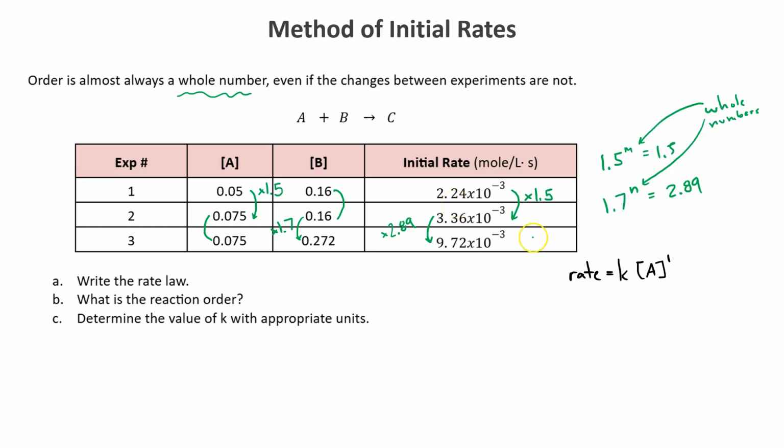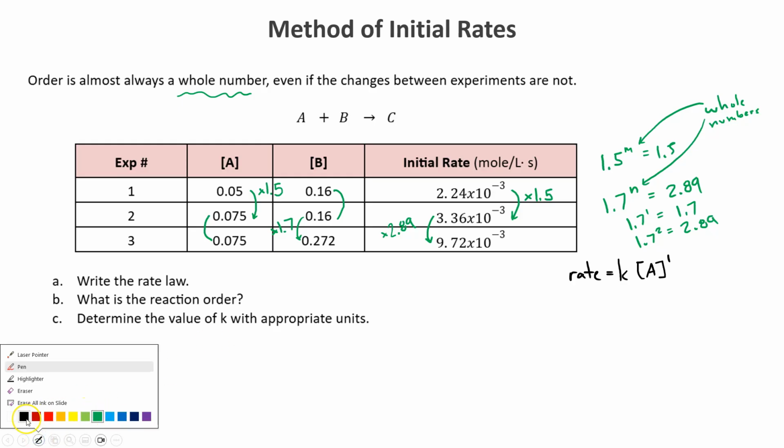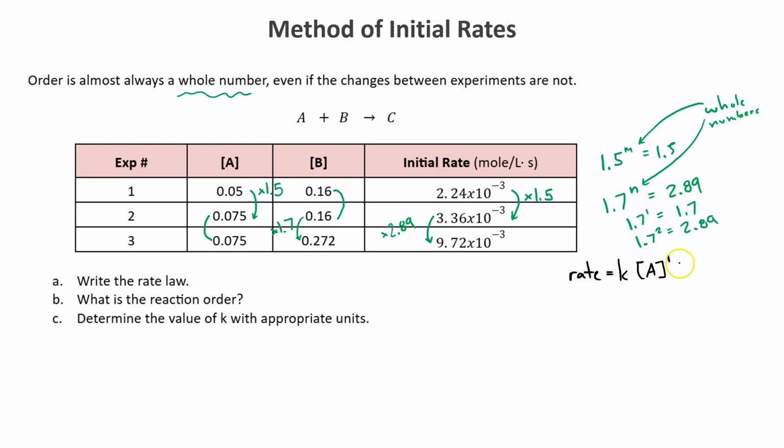And what that means is you can just kind of test what exponent is going to solve this equation. 1.7 to the 0th power, it's not going to give you 2.89. 1.7 to the first power would be 1.7, so it's not that. 1.7 to the second power, if you plug that into your calculator, you'll see that it is actually 2.89. So sometimes you can have some very strange looking changes like 1.7 and 2.89, but the orders themselves should always come out to nice whole numbers like 0, 1, or 2.